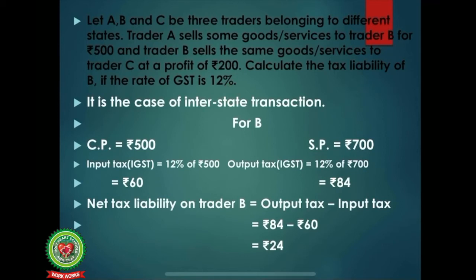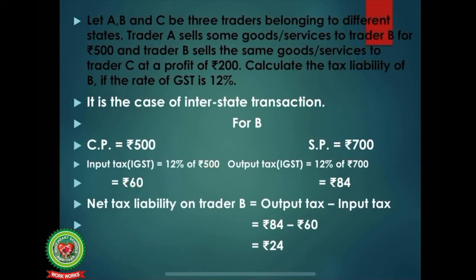So on the cost price, we are going to calculate the input tax, and on the selling price, we are going to calculate the output tax. So the input tax, that will be the IGST, will be equal to 12% of rupees 500, which is equal to rupees 60.